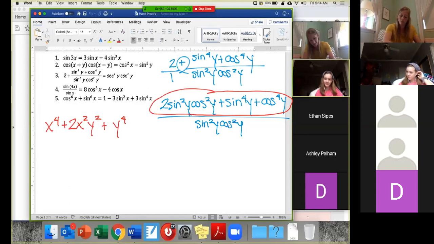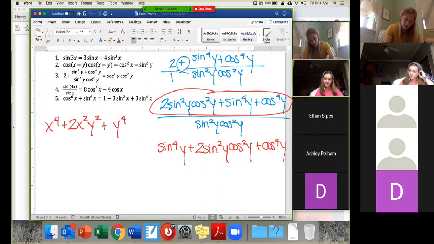So if I shift that around to make it sine to the 4th plus 2 sine squared cosine squared plus cosine to the 4th, and let's just ignore the bottom for a minute. Think about factoring that. Sine to the 4th, you would, in factoring, split it into what?